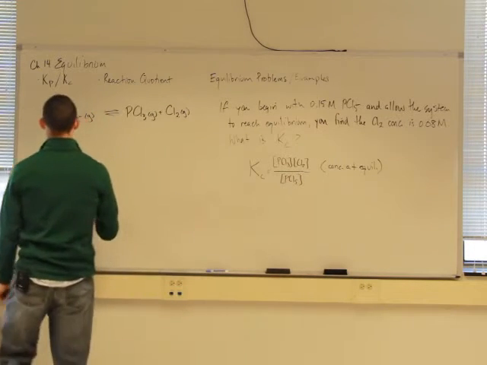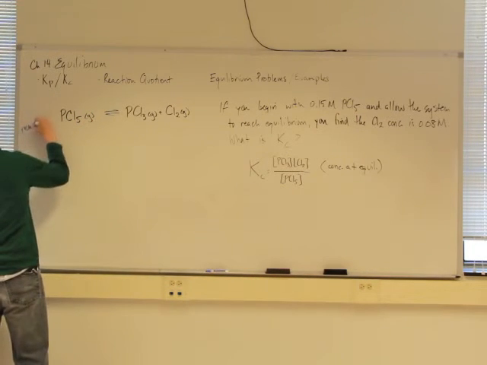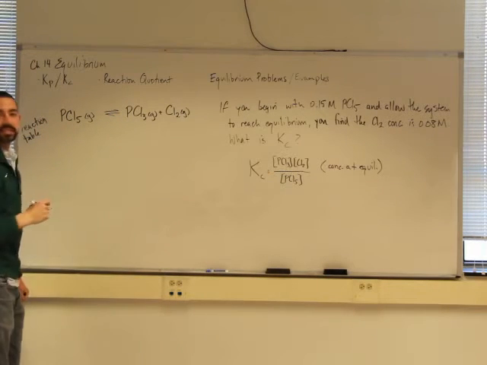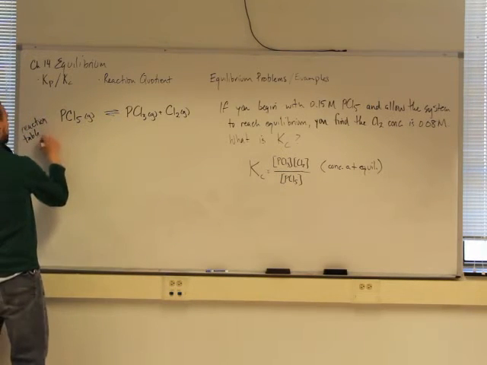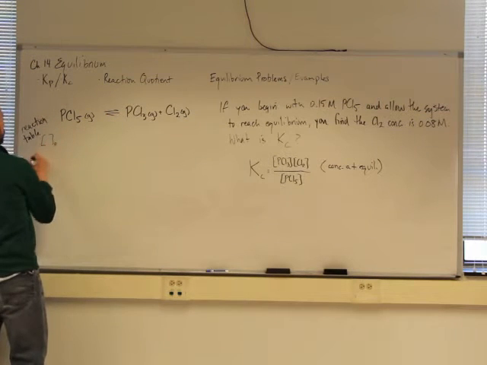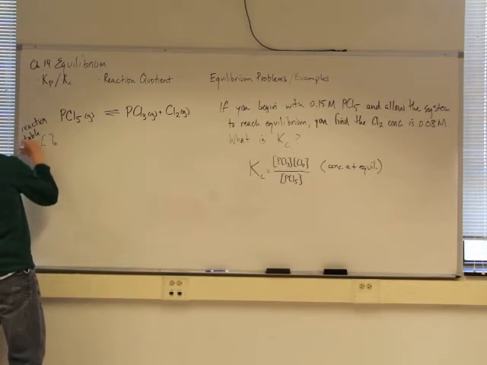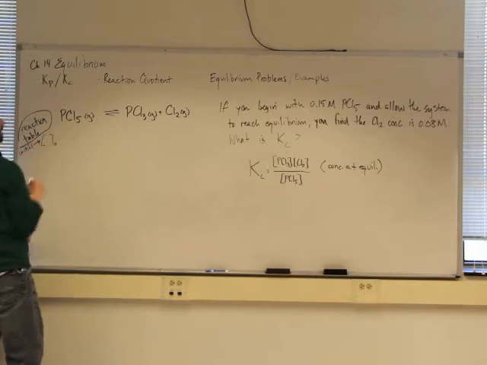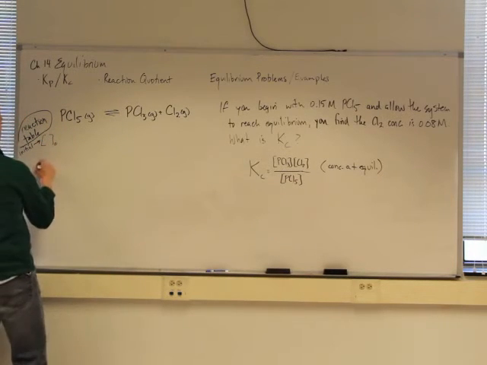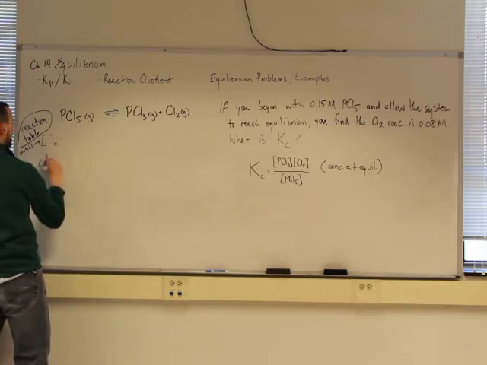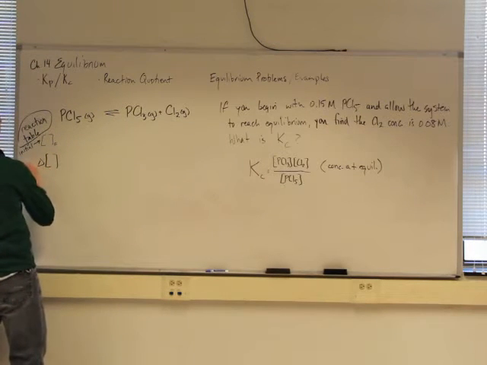So we're going to set up what's called a reaction table to lay out this data, all right? I'm going to keep track of the initial concentration of each chemical. Then I'm going to keep track of what's the change, the delta, to each concentration.